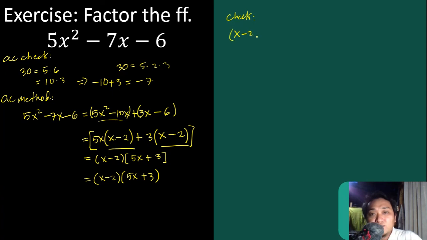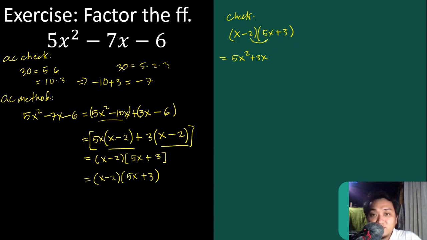Now let us check if we are correct. X minus 2 times 5x plus 3. X times 5x is 5x squared. X times 3 is positive 3x.